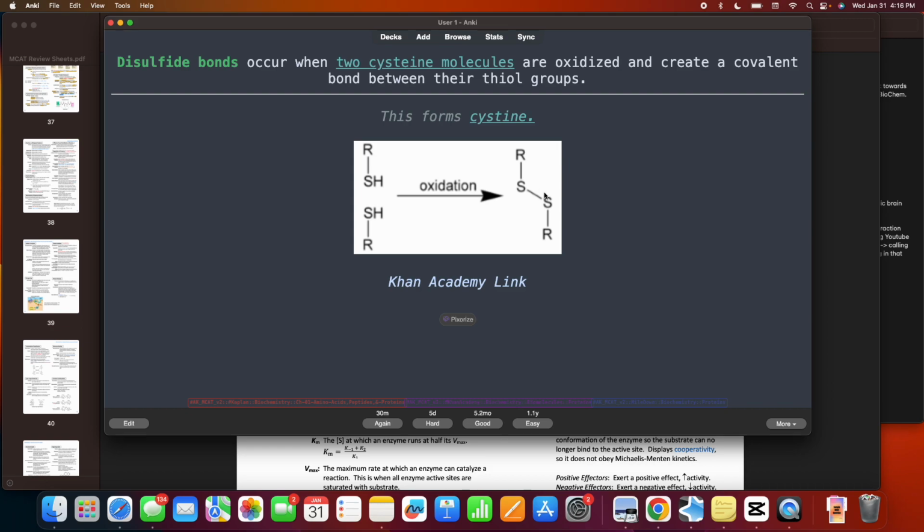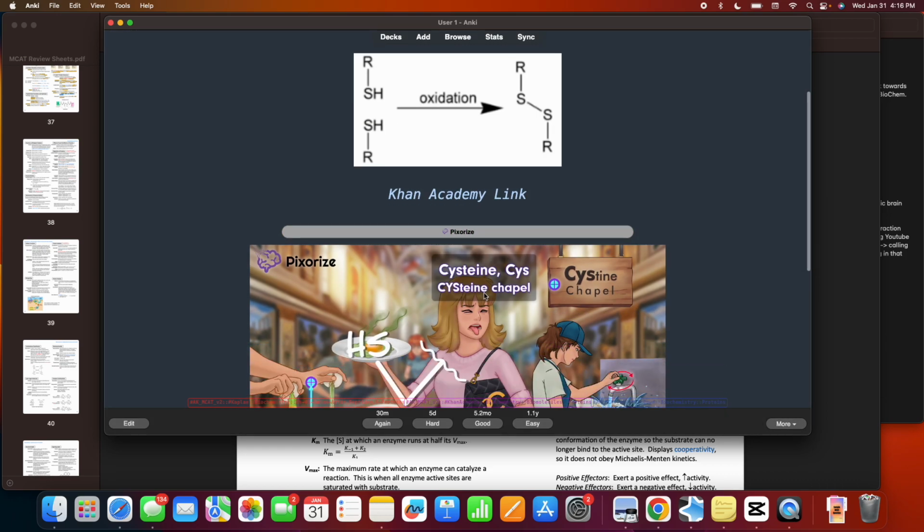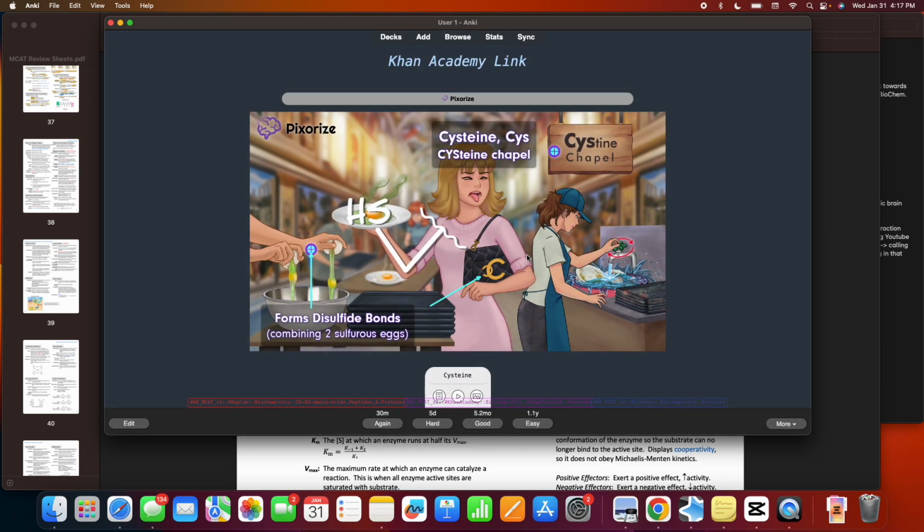You can call it cystine, just to be safe here. Combining two sulfurous eggs. Okay.